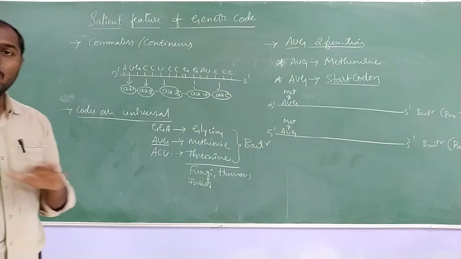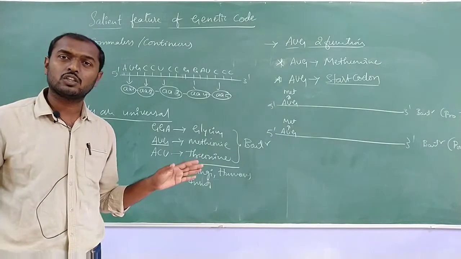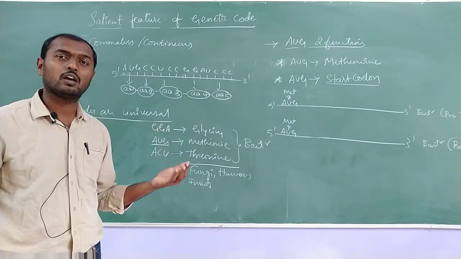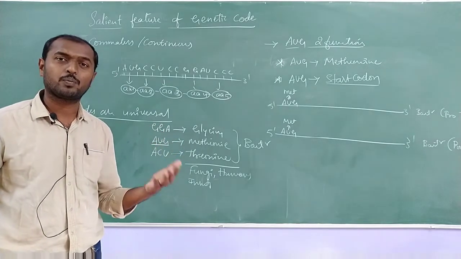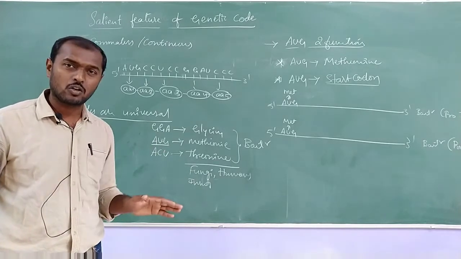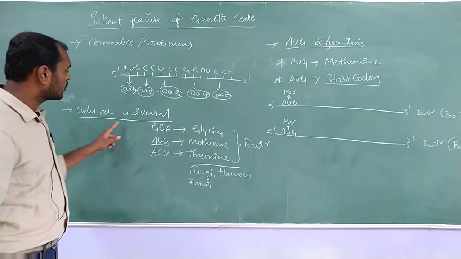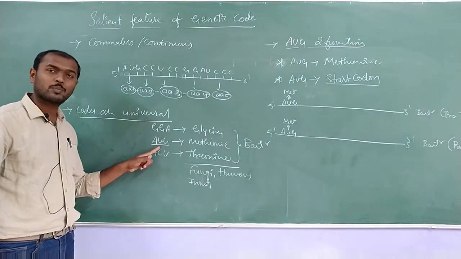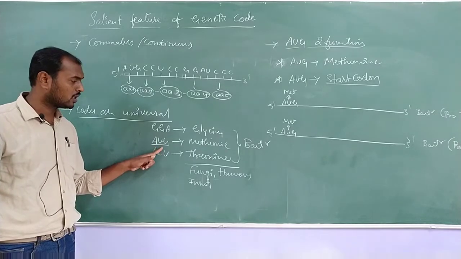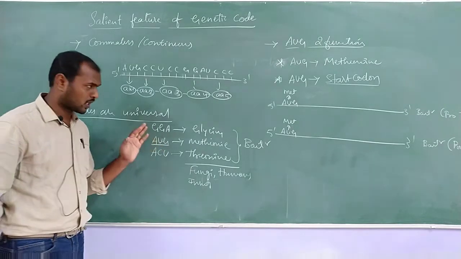There is no change in the sequence of the code, whether in bacteria or in eukaryotes, it remains constant. So the codes present in the protein coding sequence of bacteria as well as animals are all similar.